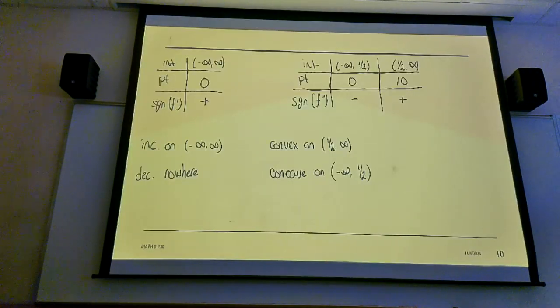Does f prime change sign? No, which means there's no extremum. Does f double prime change sign? It does. So we have an inflection point.